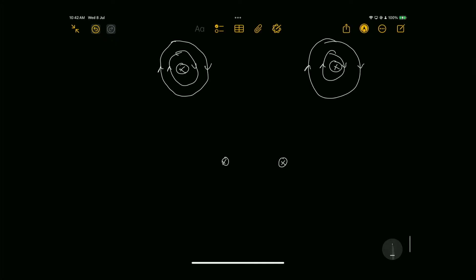So in this case, like currents, do they attract or do they repel each other? Current that is flowing in the same direction, would these wires attract or repel?